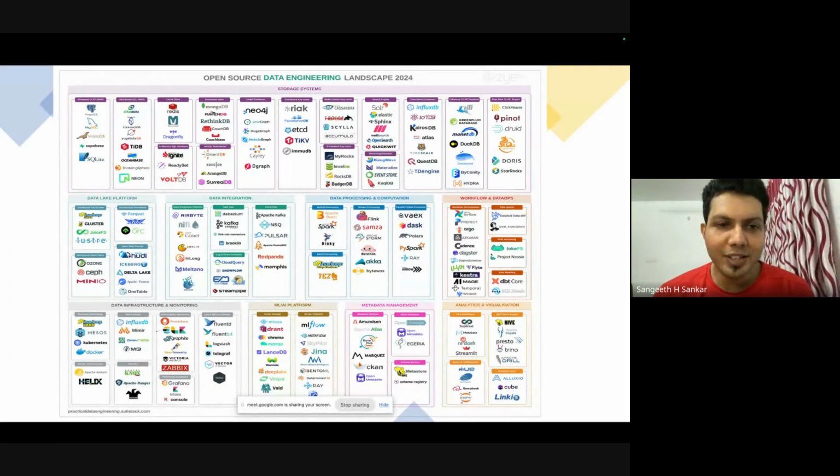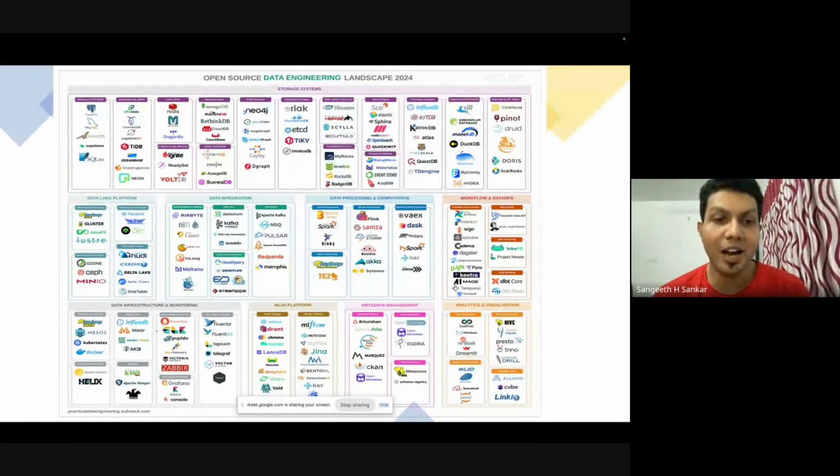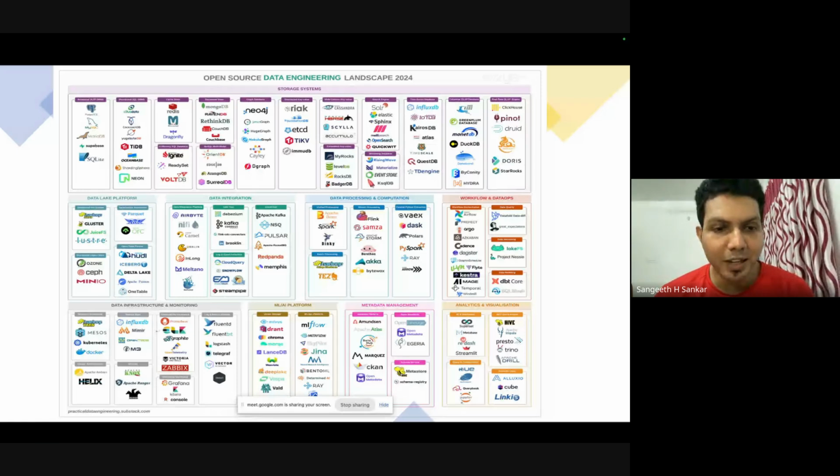All of these are different tools or frameworks in the industry which do this data engineering job. So you have to be really smart in picking and choosing which tools you really need to learn, which will contribute in your interviews and help you do a great job at your work.